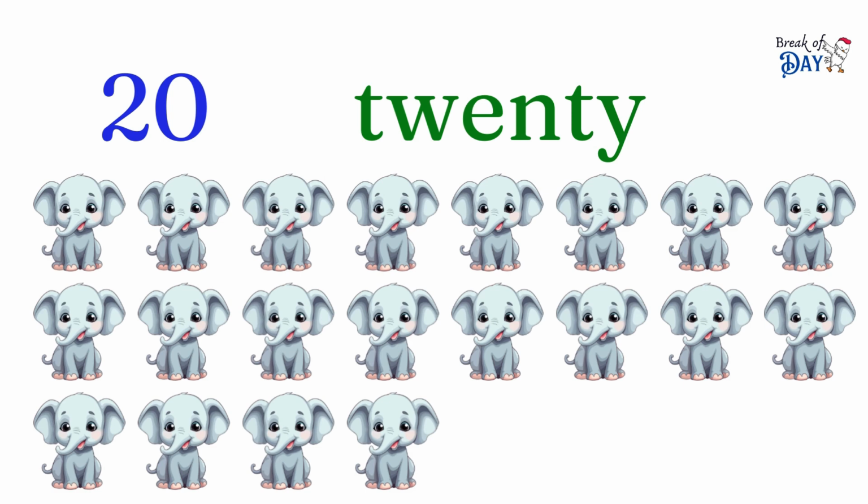On this screen you can see so many elephants here. Now let's count the elephants. Start with me. 1 to 20. How many elephants are there? Yes, there are 20 elephants here.